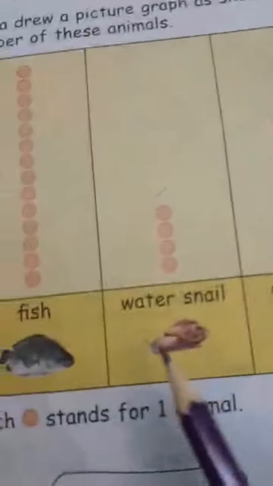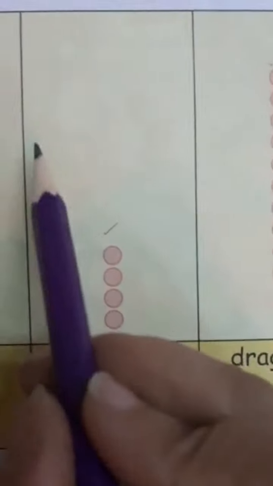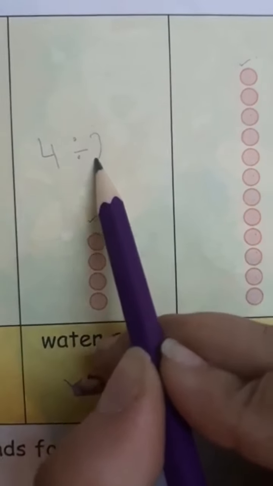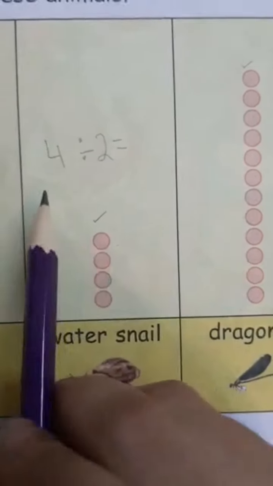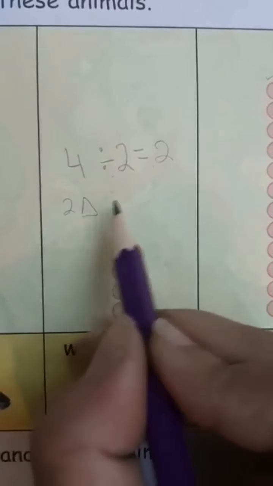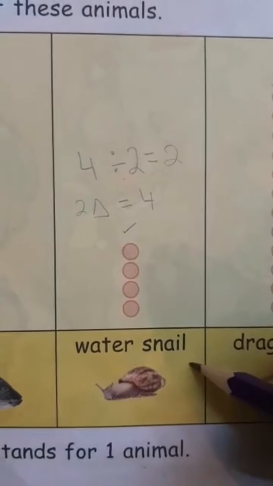Now the next one, we had 4 water snails. Our scale says one triangle represents 2, so 4 divided by 2 equals 2. That means that 2 triangles would represent 4 water snails.